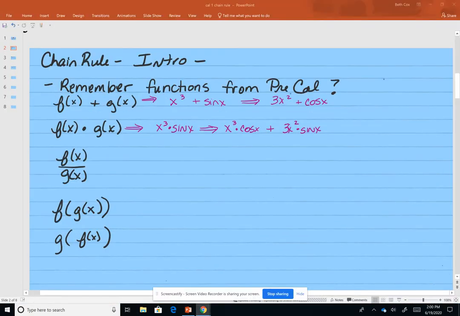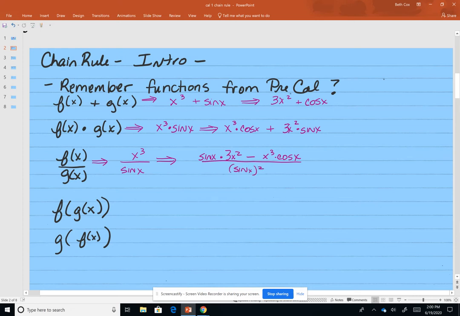And then when these two functions are divided, we use the quotient rule. If I had x to the third over sine x, then we would do low d high minus high d low: low times the derivative of the numerator minus the numerator times the derivative of the denominator, all over the denominator squared.